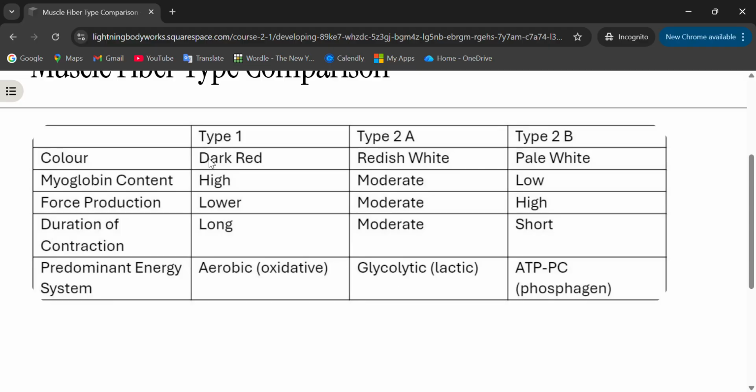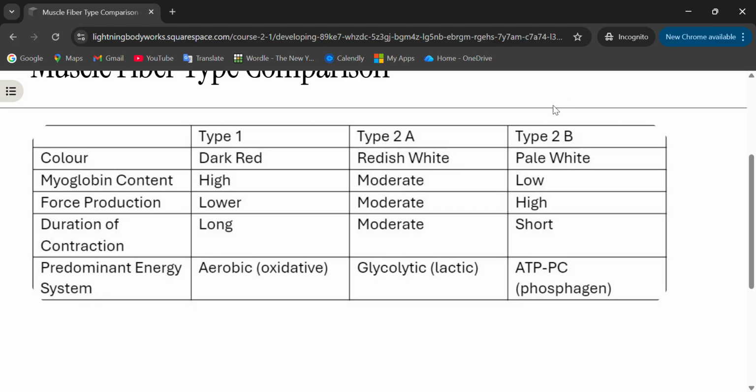Difference, so type 1, slow twitch, very high in blood, low force production, but you can last for a very long time. They regenerate energy very quickly. Fast twitch A is kind of like your middle: middle blood, middle force production, middle duration.